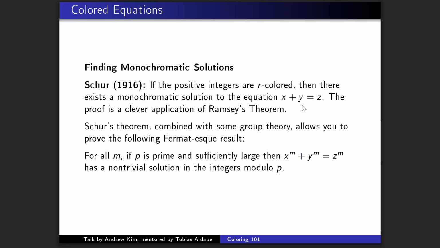So what that means is that if you r-color the positive integers in any way you'd like, then you can always find a triple x, y, and z such that they're all the same color and they satisfy x plus y is equal to z.